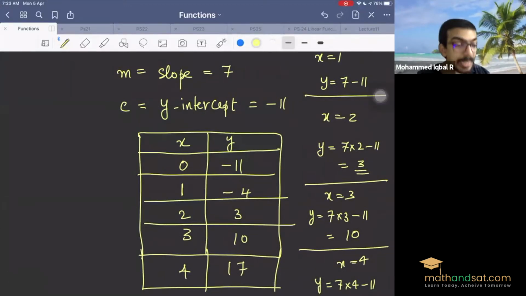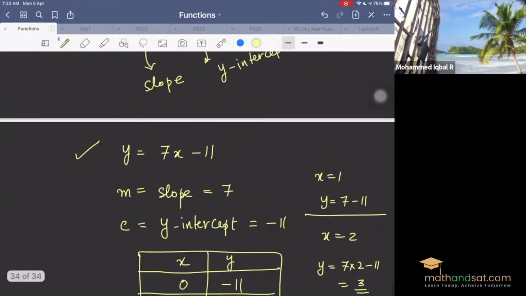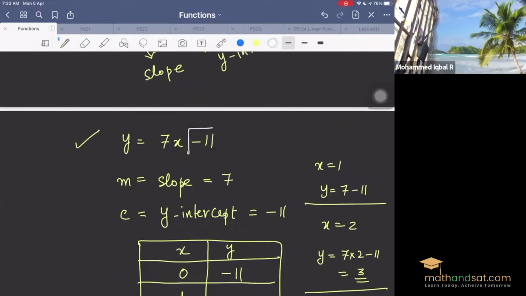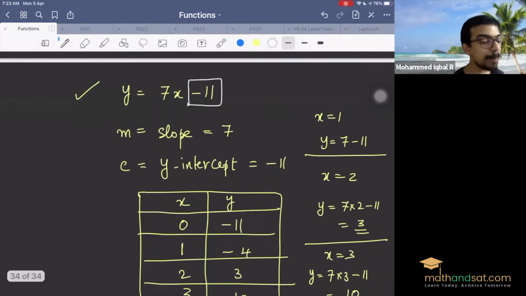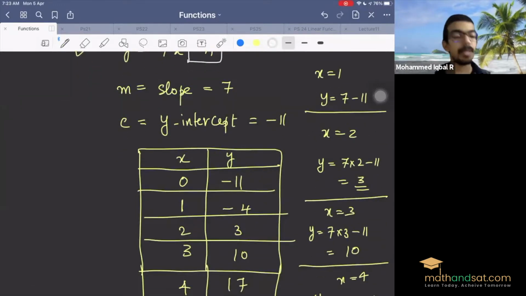And it's very clear that the number minus 11 here is nothing but what we call the y-intercept. It is the output value when the input is 0. Do you observe this?